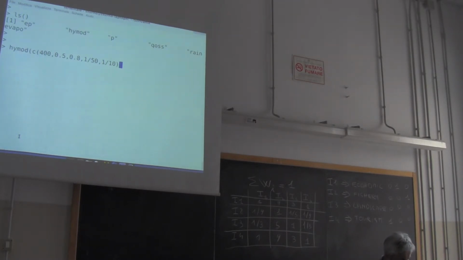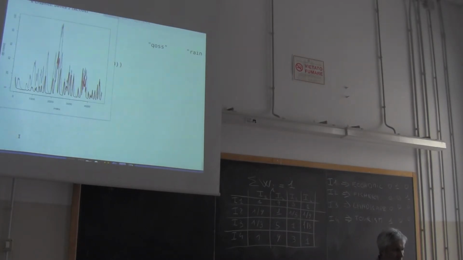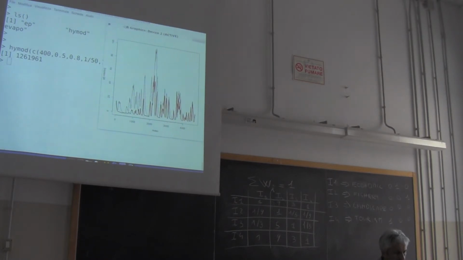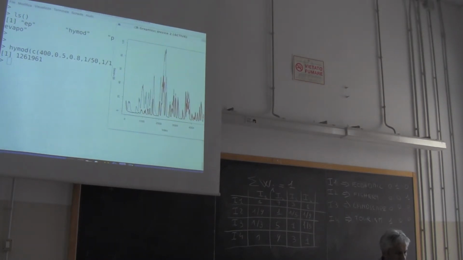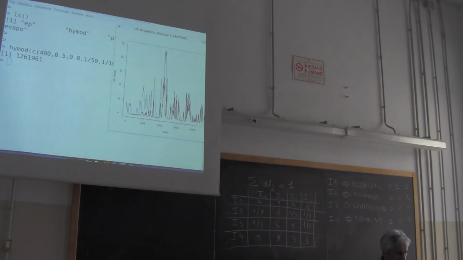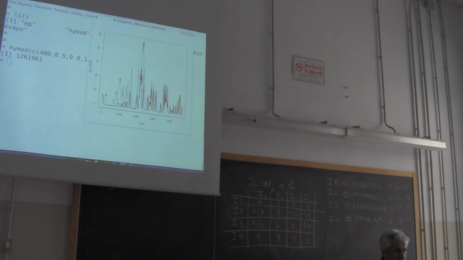So if I do this, I apply iMod, and this is what we got. A graphic with a comparison between observed, black, and simulated, red, flow, and the sum of squares as a returned result. This is what we did together, but we didn't calibrate the parameters.